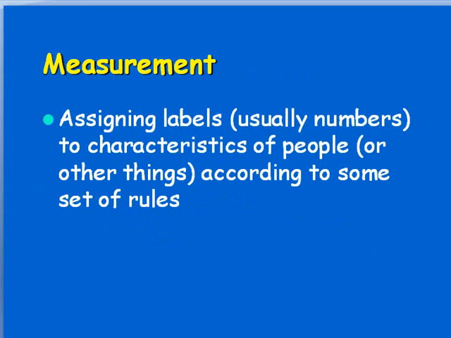The process of measurement is simply assigning labels, usually numbers, to characteristics of people or other things according to some set of rules. If you'll remember in Research 1 as well as Advanced Standing, I gave you a copy of a survey, and we asked about a number of questions, and usually for those questions the answers were given in numbers, and those were assigned to characteristics of people.